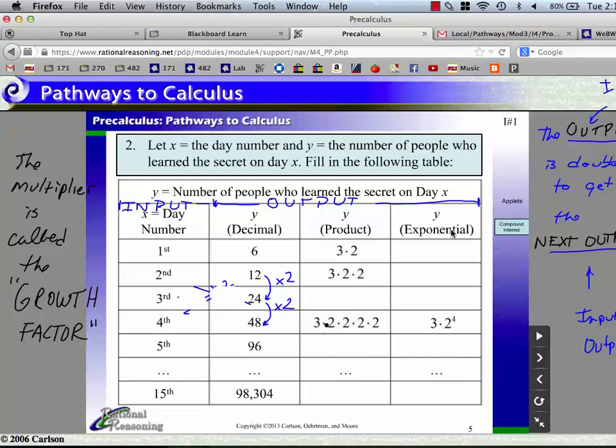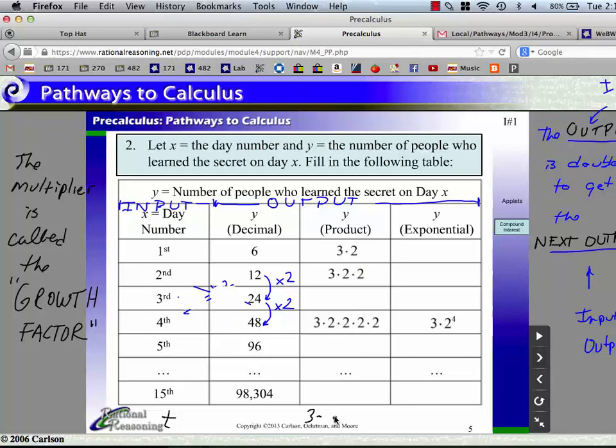Okay, so let's write the function. So what about on the t day? After t days, what would the product notation be? How many people will learn the secret on the t day? Brooke, could you do product notation for after t days? 3 times t?